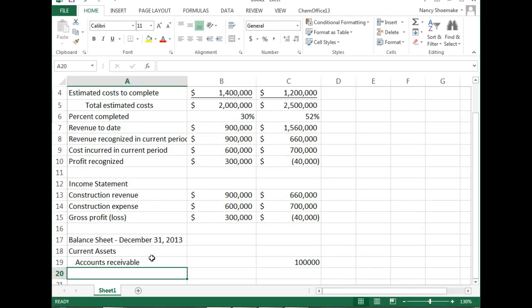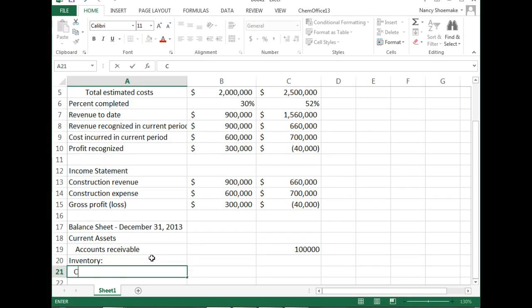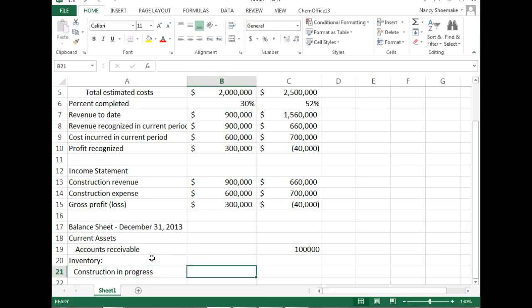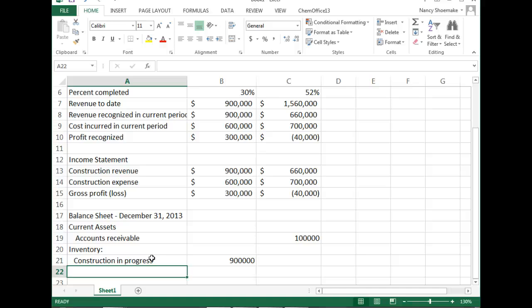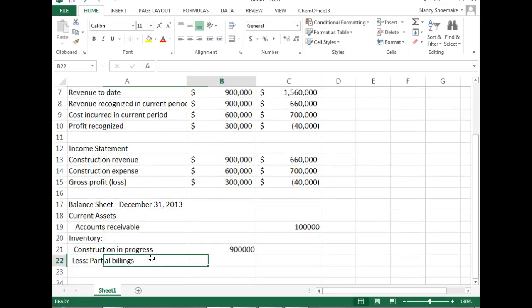And then we would have in here inventory, construction in progress is how much? $900,000, and less partial billings of 500,000.